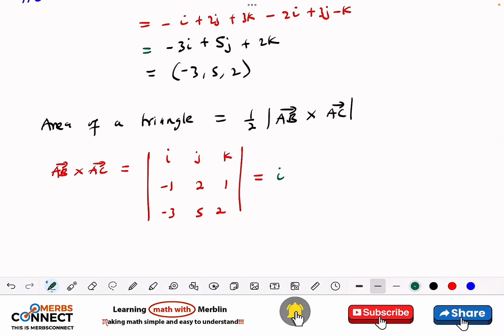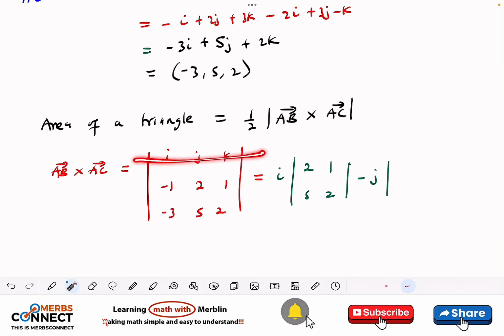So let's try and solve. I'm going to have I. Then when I cancel this and this, it will be left with 2, 1, 5, 2. I said always, if we're using the first row, J is negative. So J, cancel this. This will be -1, 1, -3, and 2.